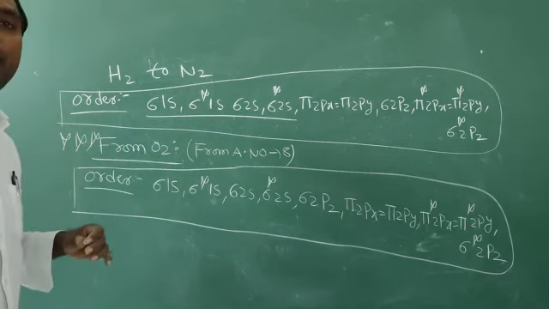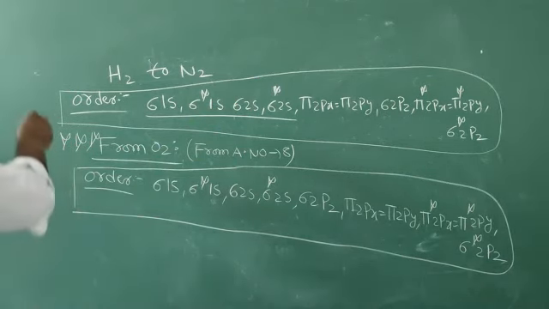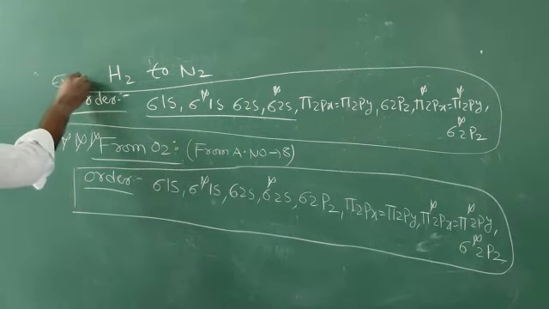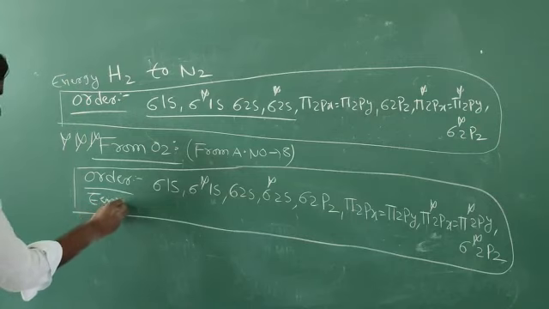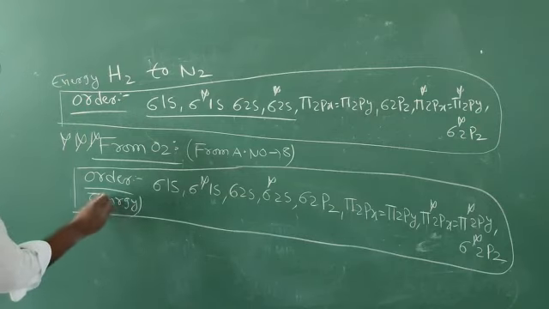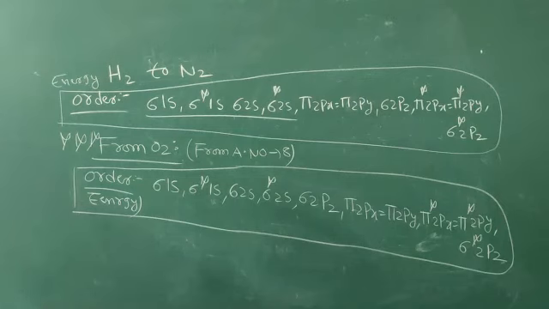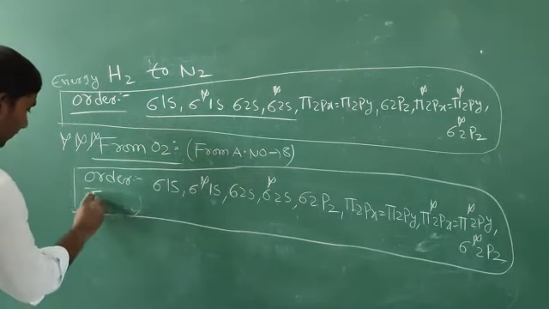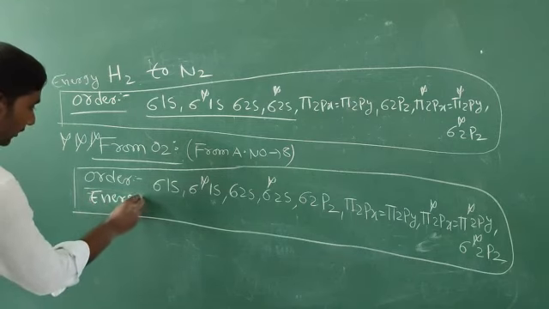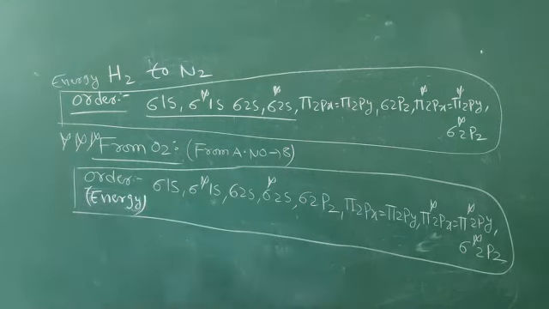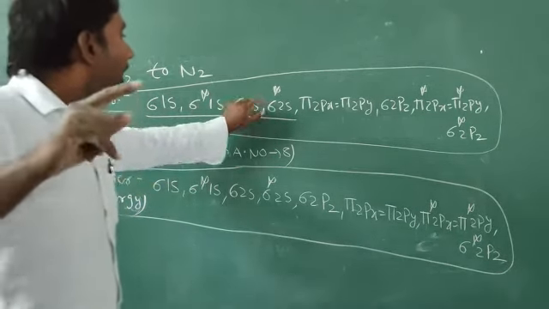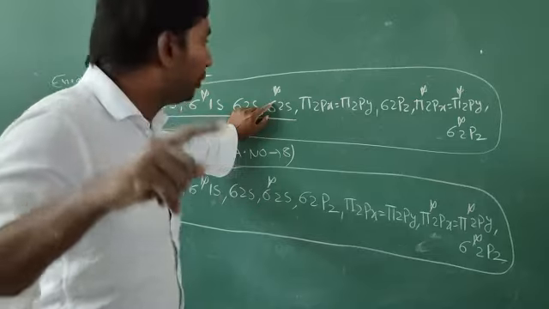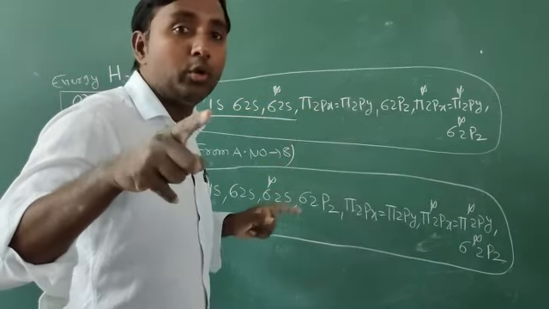This is also called the energy order. So from hydrogen to nitrogen, after sigma star 2s, pi 2px and pi 2py come, and after that sigma 2pz comes.